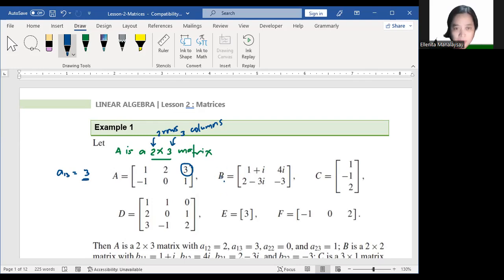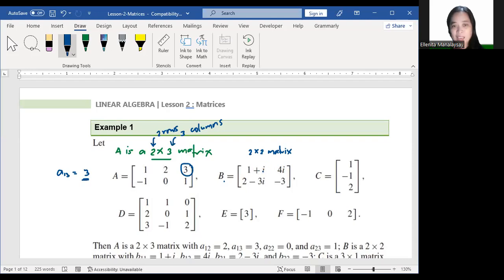Then take a look at matrix B this time. Matrix B contains 1, 2. We have 2 rows and 2 columns, so B is a 2 by 2 matrix, for which the entries here are complex numbers.